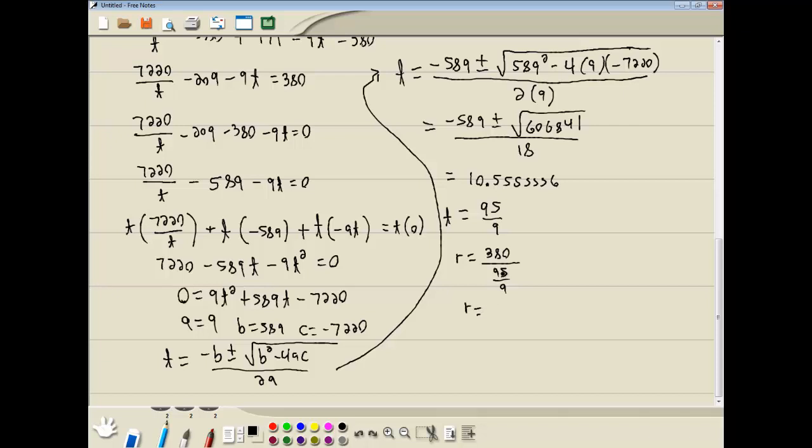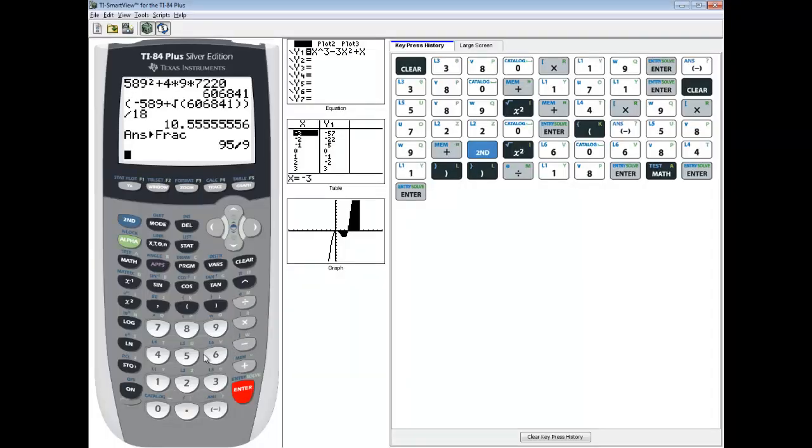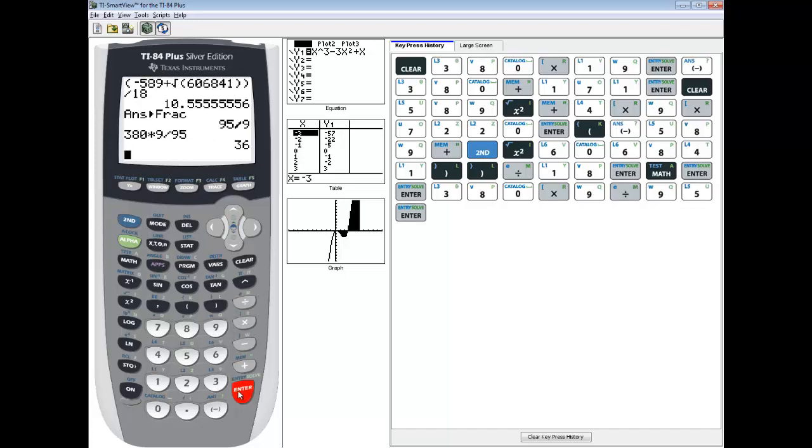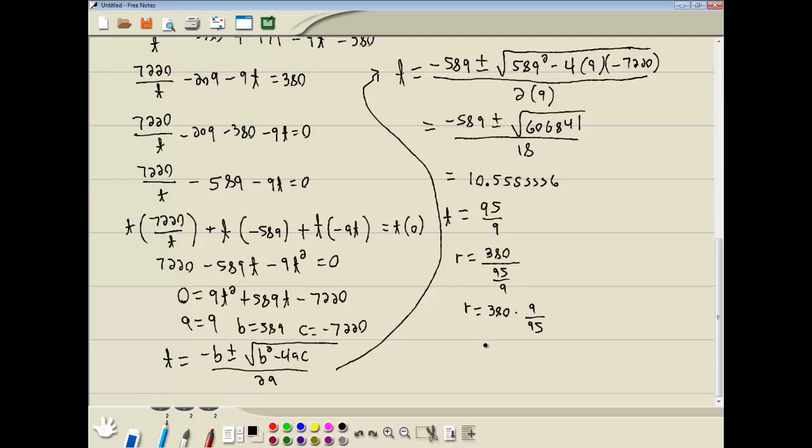Now if you got a single fraction in the denominator, you can flip it, take a reciprocal of it, and multiply times your top. So we've got 380 times 9 over 95. So we've got 380 divided by 95. And that tells us that the rate is 36.